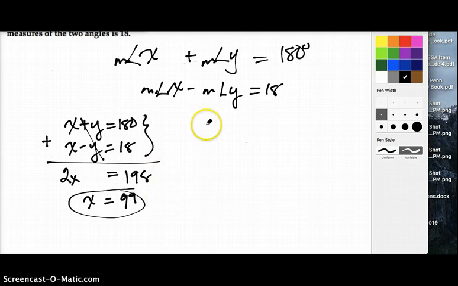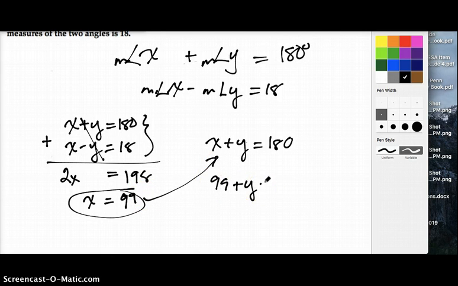And with that in mind, we now have the power to solve for y. So if x is equal to 99, and I go back to either one of the original equations, then I can substitute 99 in here. 99 plus y is equal to 180. You guys see where this is going. And then with a little bit of subtraction on both sides, we get that y is equal to, anybody? Can you think of it? Y is equal to 81.